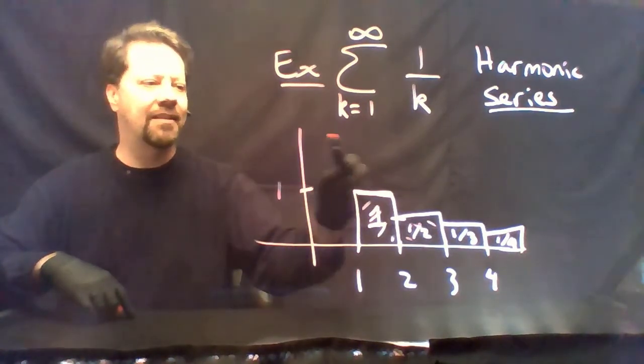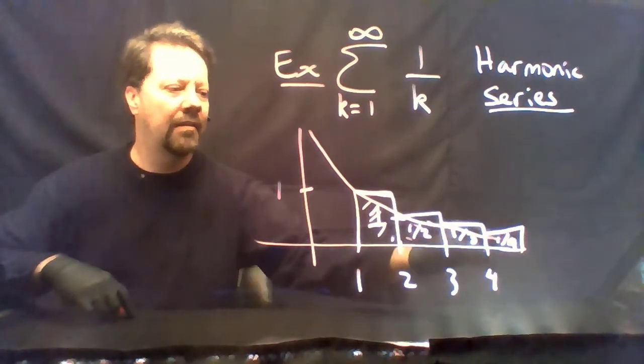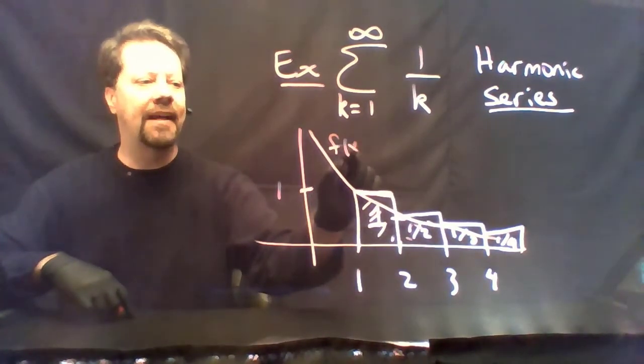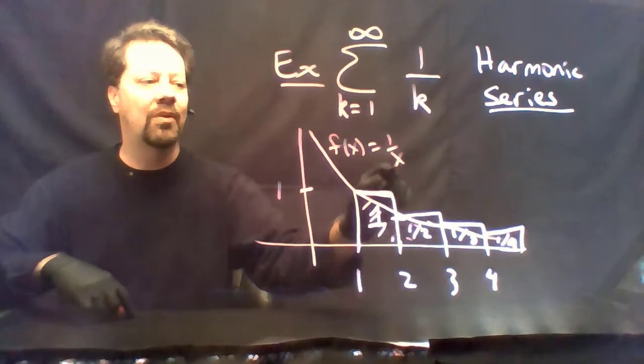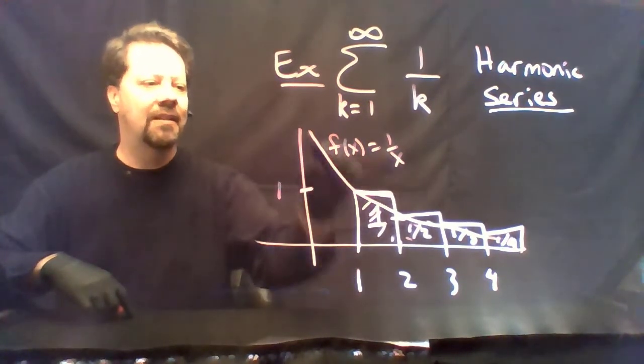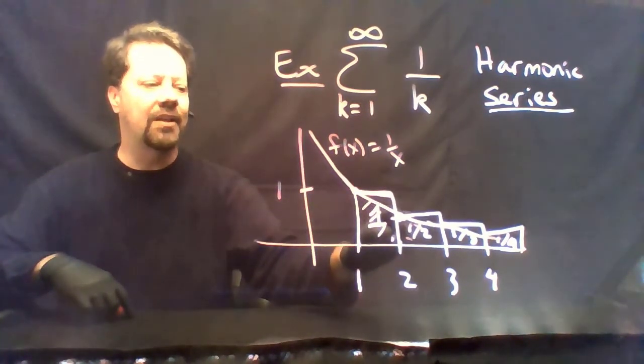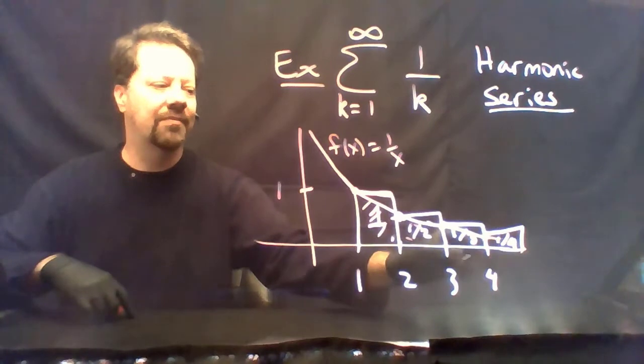Let's compare that to a function. The function is f of x equals 1 over x. This function passes through these left corners on each of these rectangles.